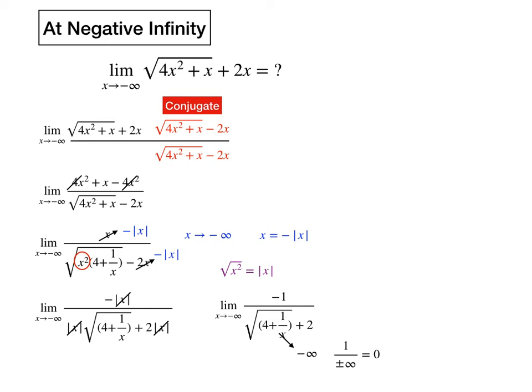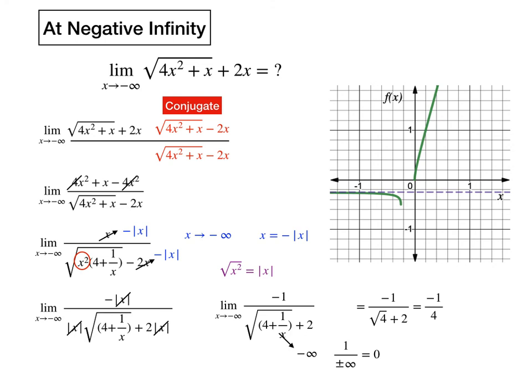And you know that in the limit world, when the denominator is going to infinity and the numerator stays constant, the value should be 0. So if I plug negative infinity into x, I get 0 for 1 over x. So then my limit will be negative 1 over the square root of 4 plus 0, plus 2, which would give me negative 1 over 4.